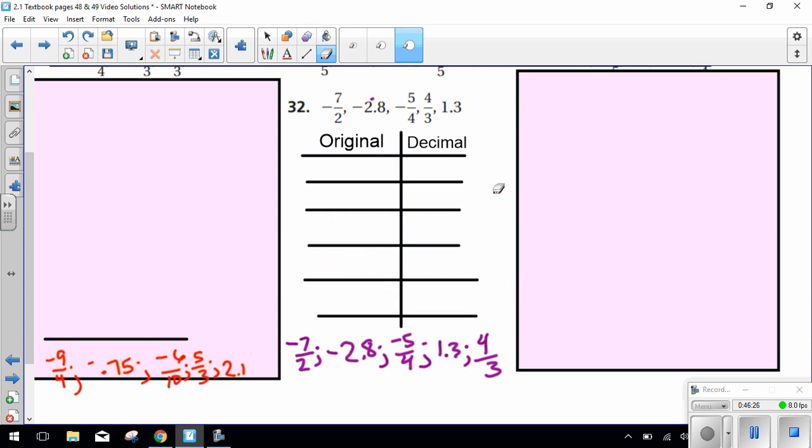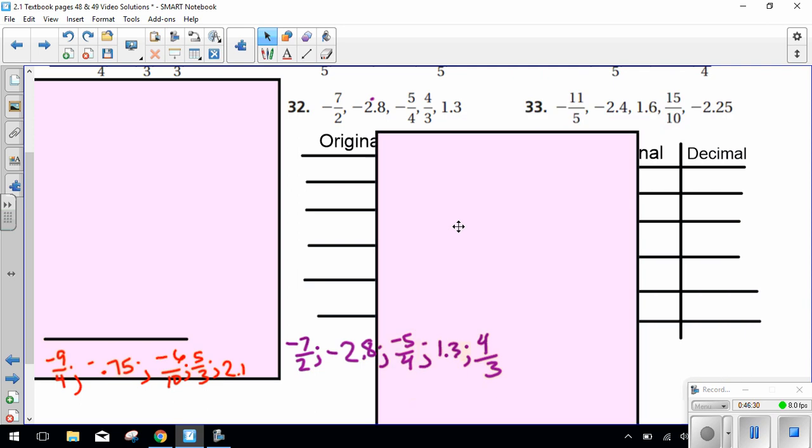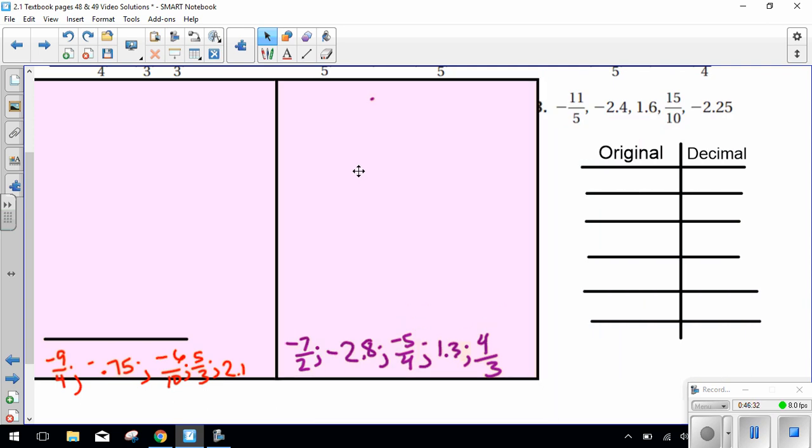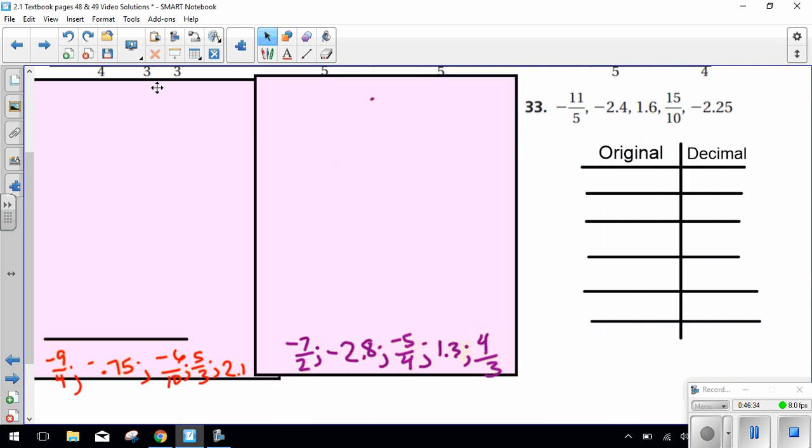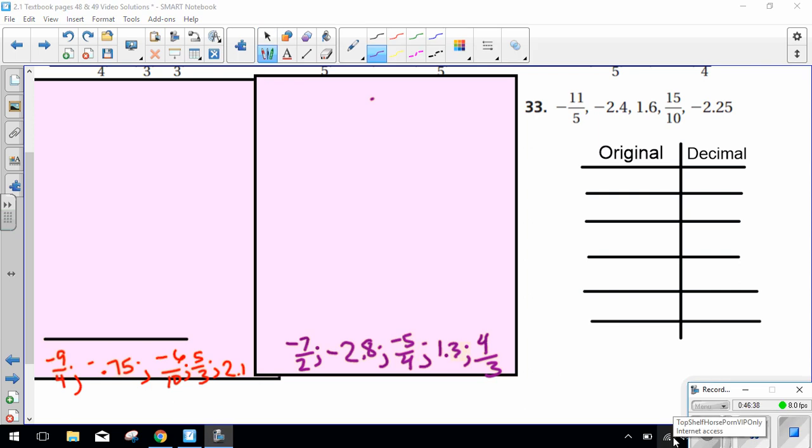Okay, now we're going to take a look at our last example, which is number 33. And we're going to do the same idea. So you'll hear me talk a lot less for this one. We're just going to go right through it.